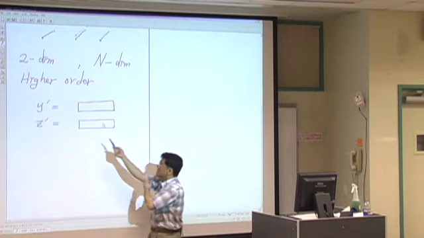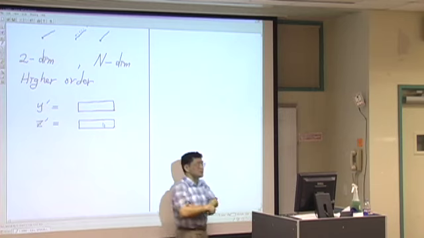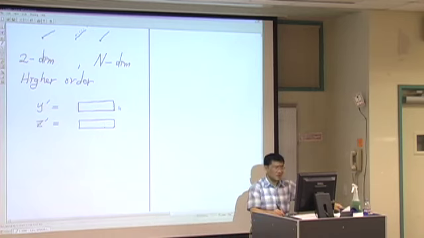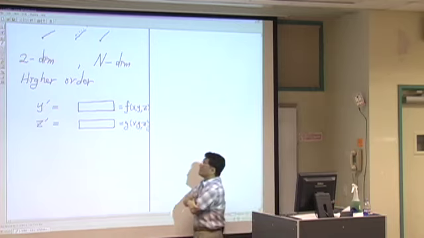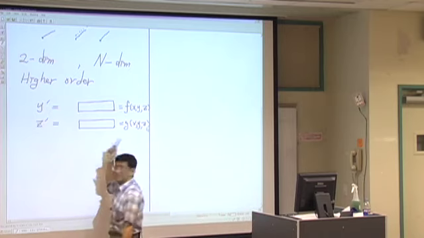So y and z derivatives are given in this pattern. Then it's a 2-dimensional differential equation. Generally we say this part is called f of x, y, z, and this is called g of x, y, z. Then we want to find some function, some vector satisfying these things.